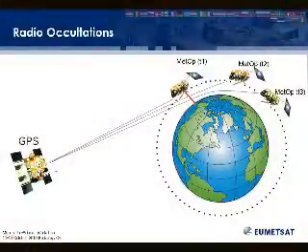This diagram tries to explain a bit of the basics of radio occultation. This technique is not new. It has been used a long time, into the 60s and 70s, to get properties of planetary atmospheres from Mars, Venus, and other planets. And we are using this on planet Earth.